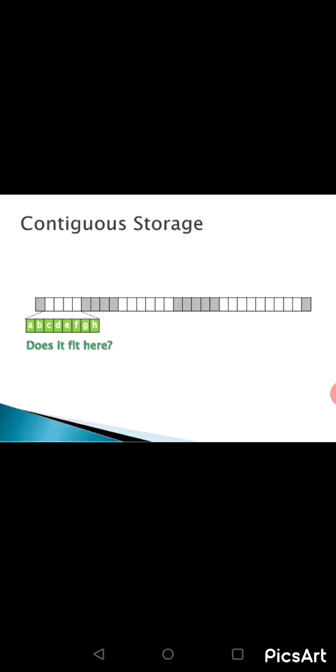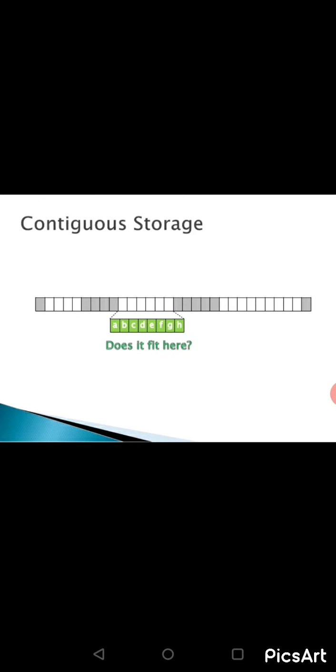Then see, does it fit here? No. Does it fit here? No, because our condition is continuous. Okay, you have to store continuously. So here no. See here whether it fits. No. Free blocks are available, but 1 block remains and your file contains more blocks than that. So you have to go to the next.